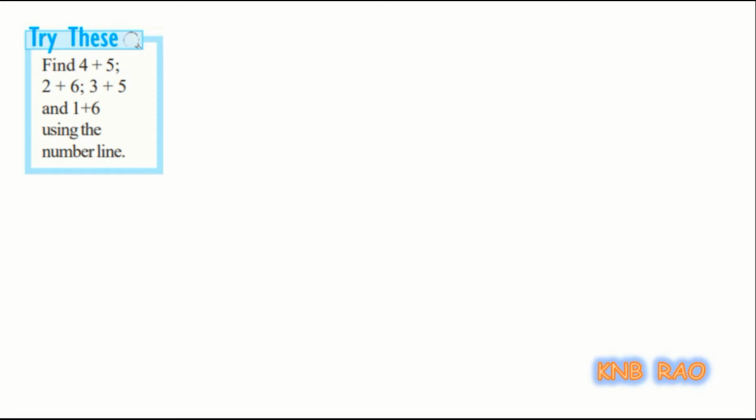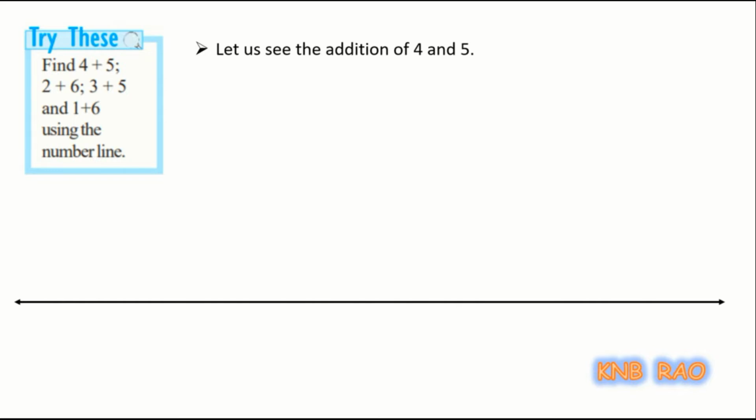In the first one, 4 plus 5 is to be done using number line. Let us see how this addition of 4 and 5 is done. First, draw the line. After drawing the line, mark the points on it with uniform distance between each of those points, and name those points with the whole numbers as shown in the PowerPoint.